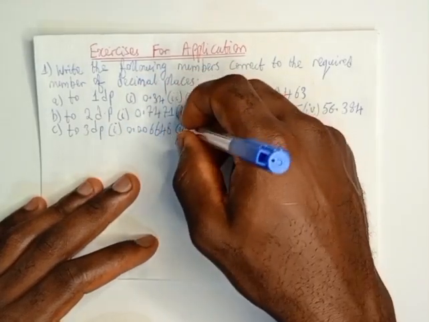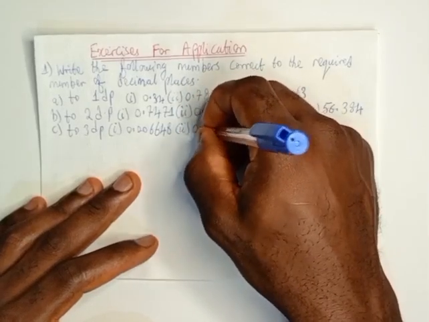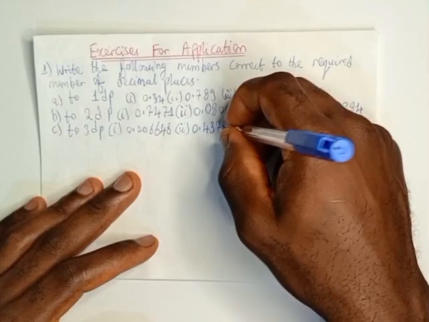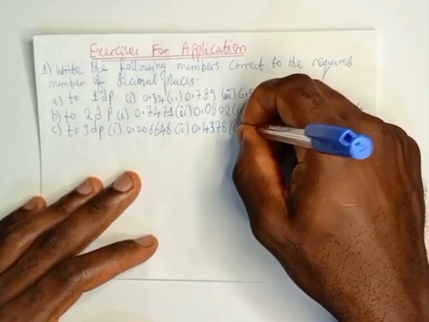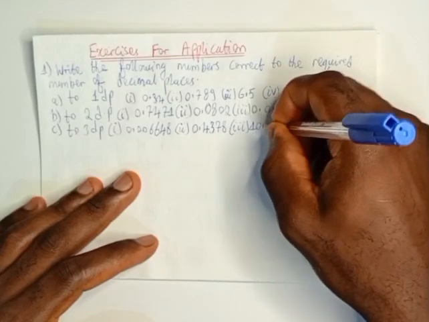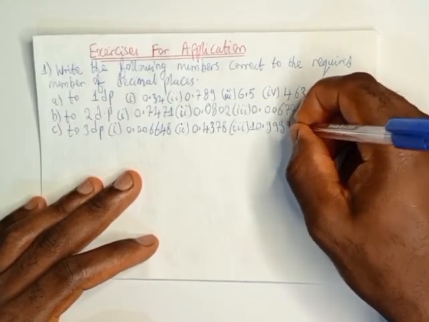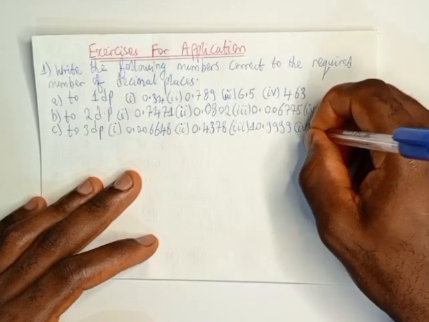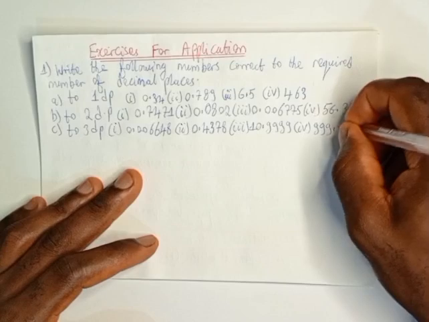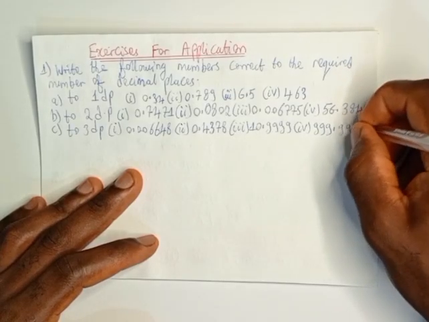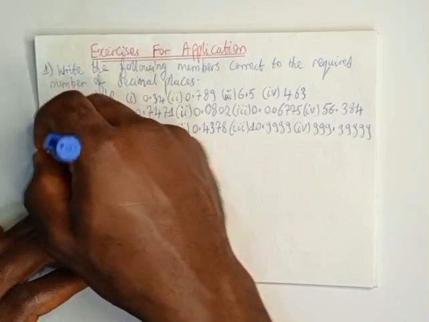For 2I we have the number 0.4378. 3I we have the number 10.9999. IV we have the number 999.99999.